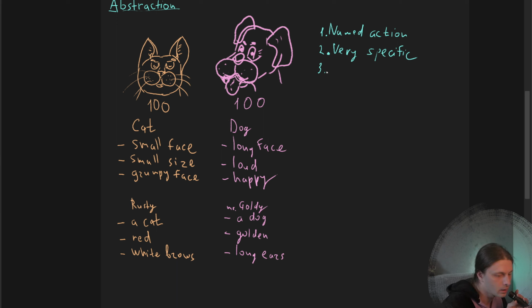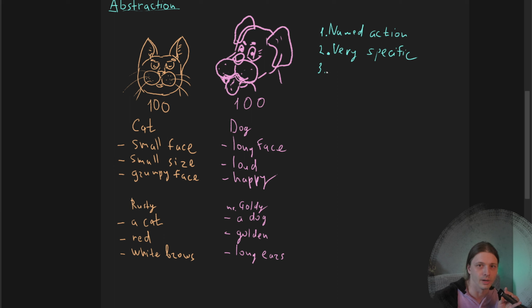So the third thing we did: when we got another type of animals on our island, this specificity didn't scale really well because we just couldn't specify so many properties to distinguish each animal every time.